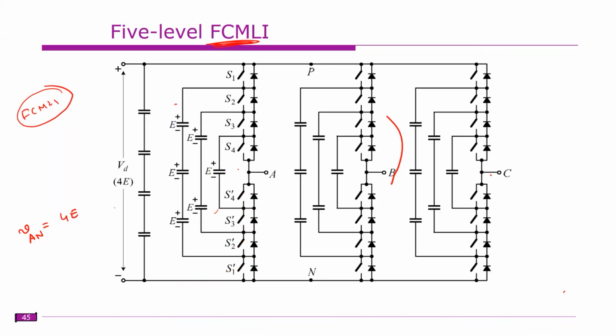So how to get 2E voltage? There are several possibilities. You can turn on these two switches, so that I can access 2E voltage. Or we can subtract these two.